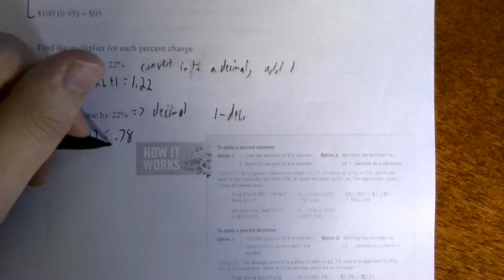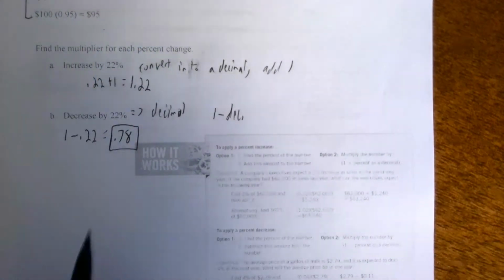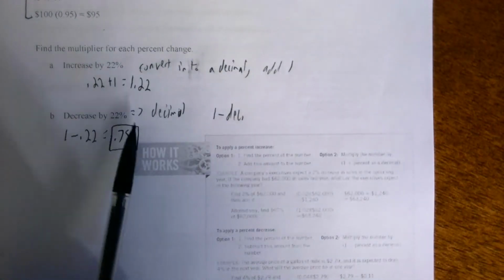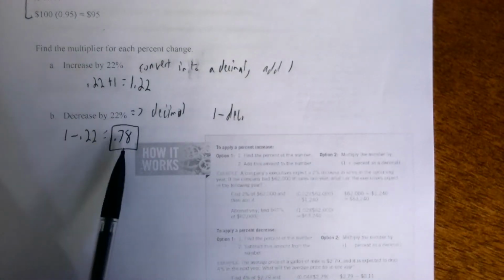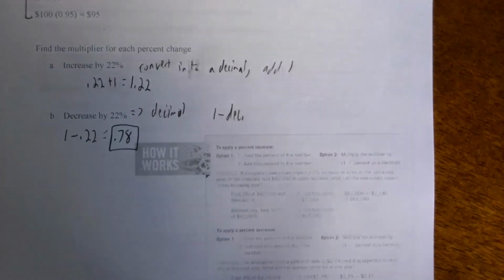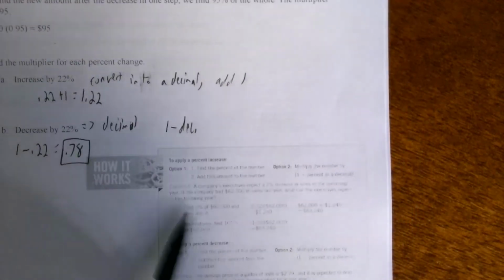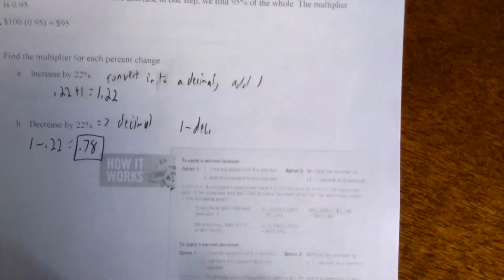So our multiplier here is 0.78. Basically what that's saying is if you have a 22% discount, that's 78% of the price. And I'm going to omit doing the percent increase and percent decrease down here because that's just what I showed you up here. Okay? All right.